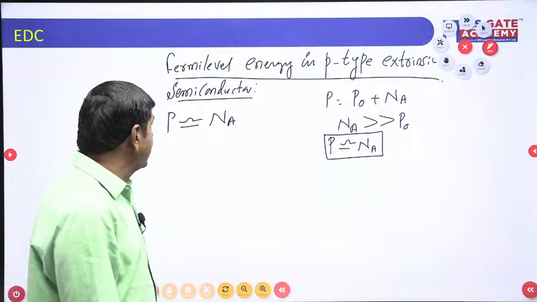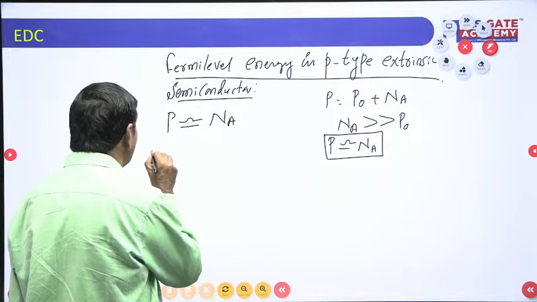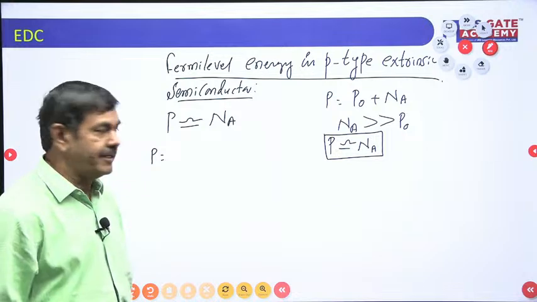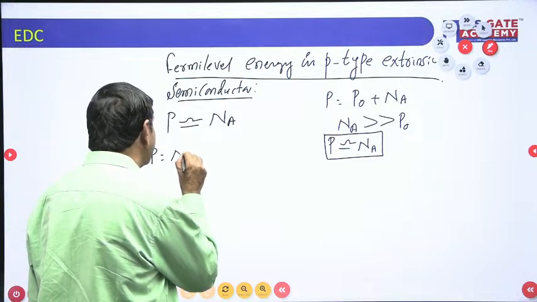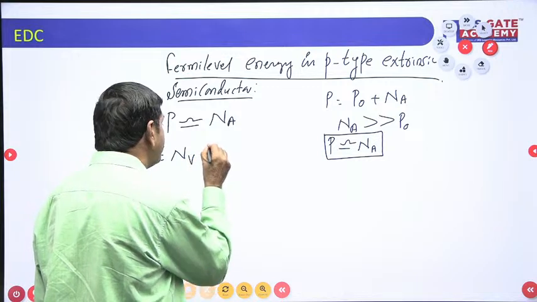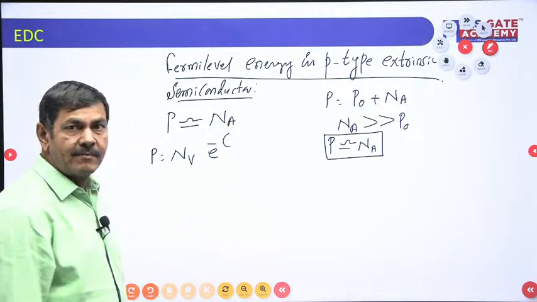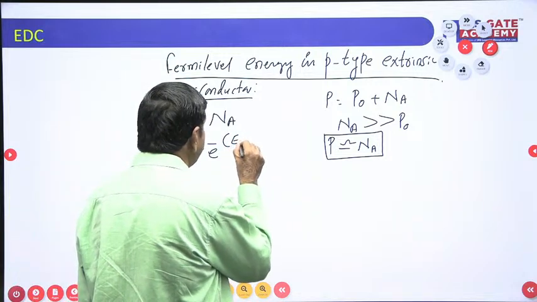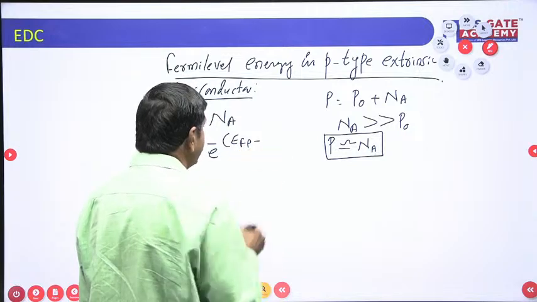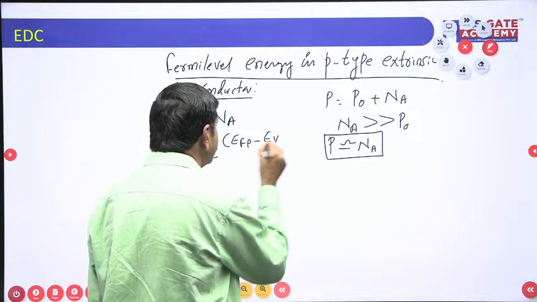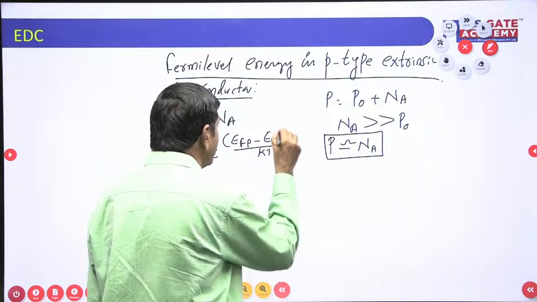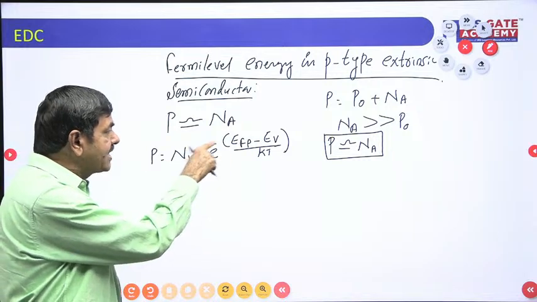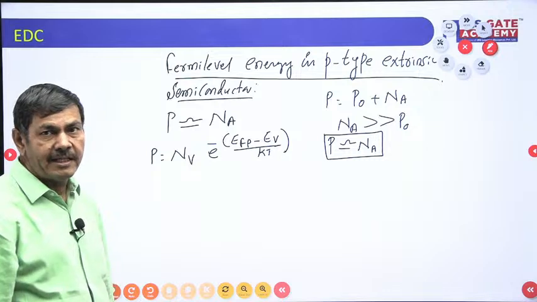But in this case, the total p, the concentration of the holes, I explained in the last class. p equals the valence band coefficient Nv into e power minus (EFp minus Ev) divided by kT. We need to use this now. For n-type, it is Nc into e power minus (Ec minus EFn) by kT, I gave it.